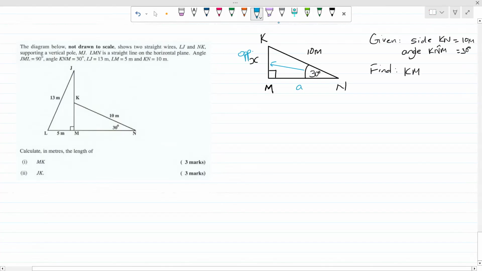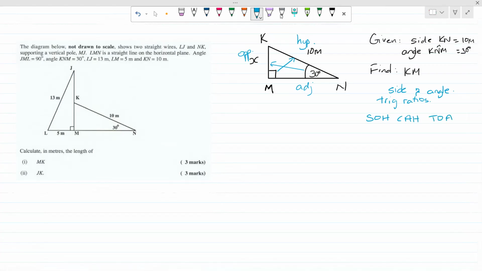This is our adjacent, the side next to the angle. And this is the side opposite our 90 degree angle, and it's the longest line in the triangle, so it is our hypotenuse. Now, when we have a side and an angle, it means that we have to be using our trig ratios. So we're talking about SOH CAH TOA. Now let's look at what is involved.